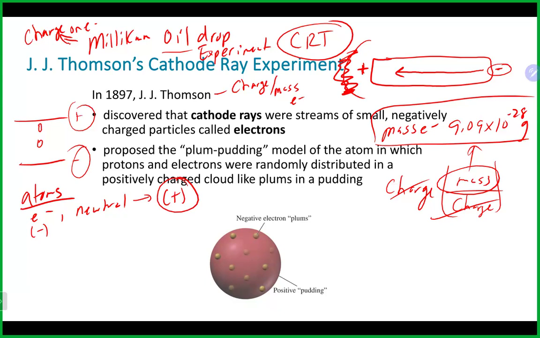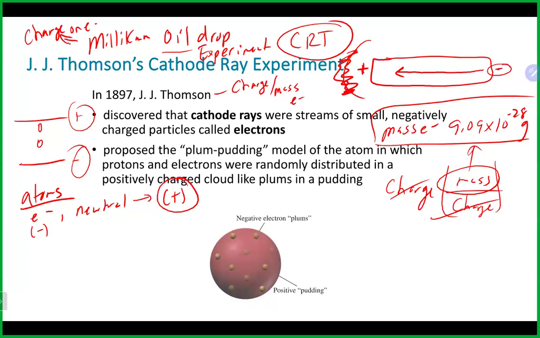So this led to an early model of the atom, done by Thomson, referred to as the plum pudding model of the atom. Plum pudding is a kind of rice dessert with raisins and pudding, and the raisins are kind of in the pudding.